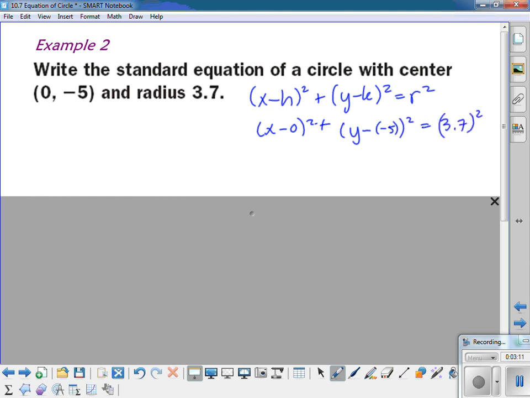So the x minus 0 squared just turns into x squared. And because it's y minus negative 5, it becomes y plus 5, quantity squared. And then 3.7 times 3.7 is 13.69. And so that would be the equation for that circle.